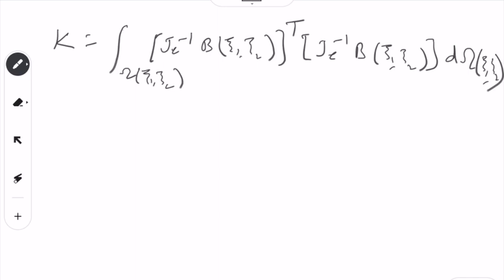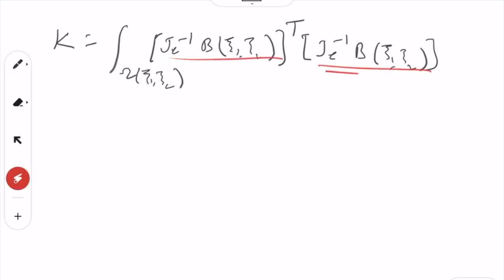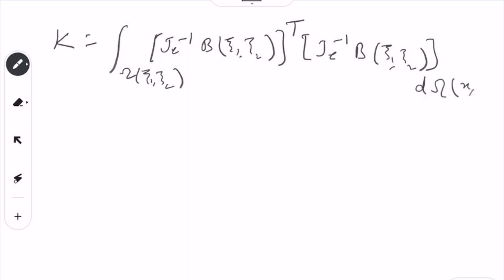Okay. Now, here also we have to be careful. We have converted the original one into this one, but we still have d omega in xy only. This we need to convert.